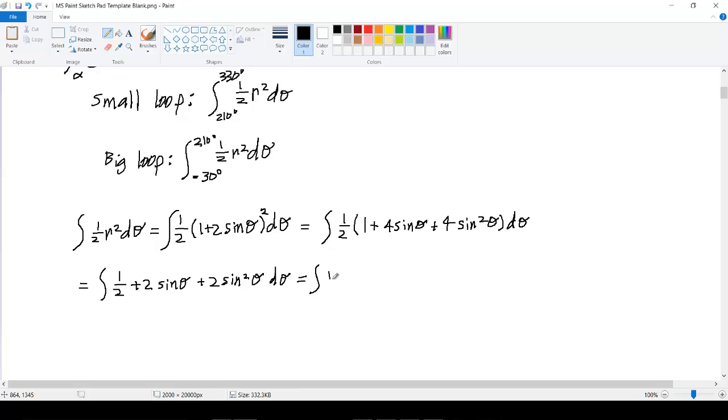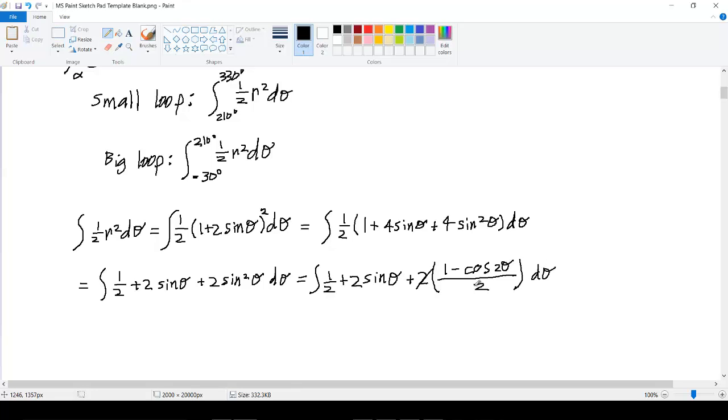It's going to be 1/2 plus 2 sine theta plus 2 times, I think it was 1 minus, right? Yeah. 1 minus the cosine of 2 theta divided by 2. And that's all d theta.